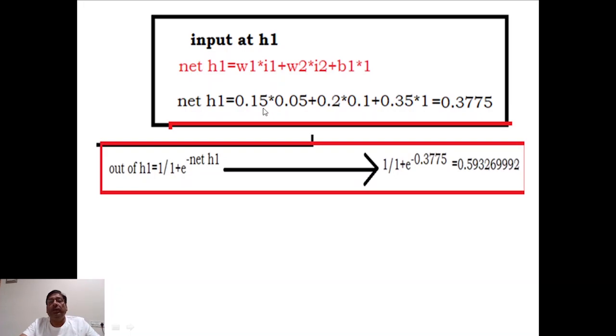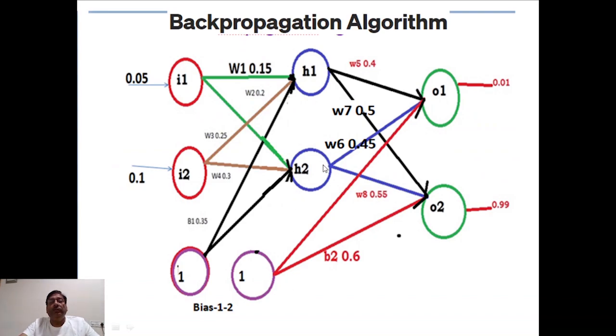So here we say 1 upon 1 plus e to the power minus net H1. When you calculate by replacing the values, you get the output of H1 as 0.593269992 and so on.